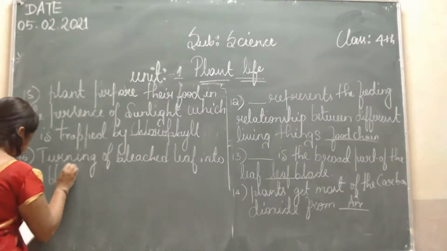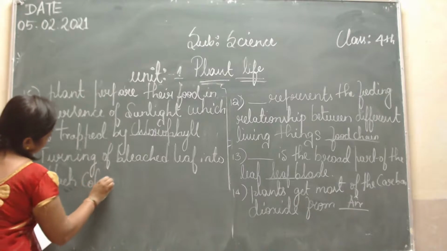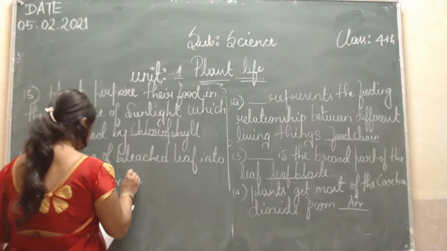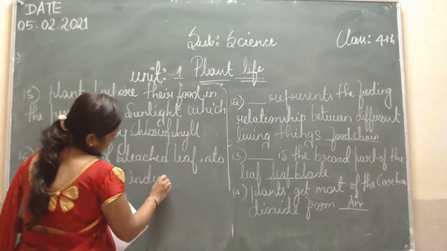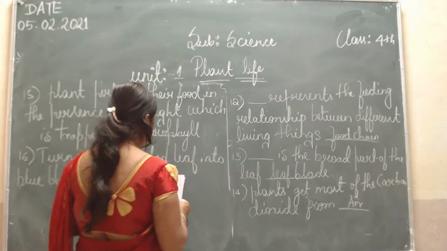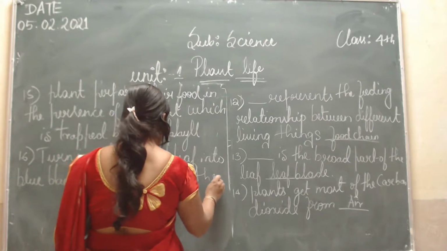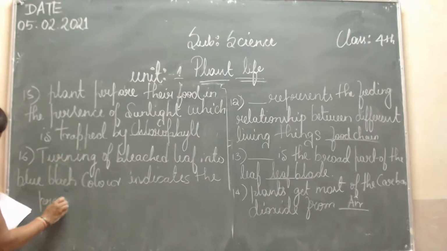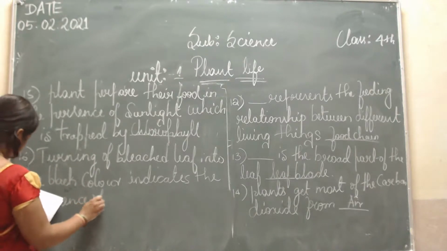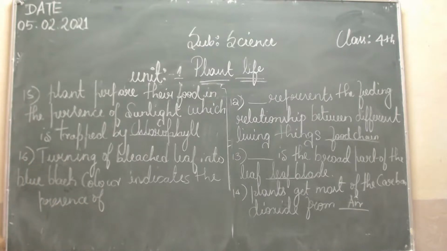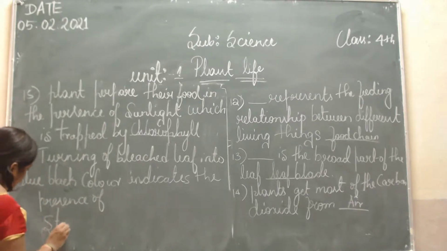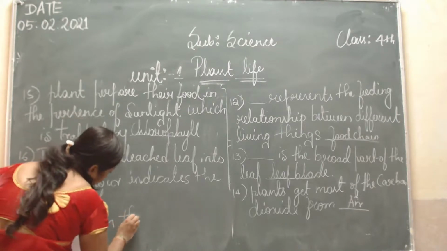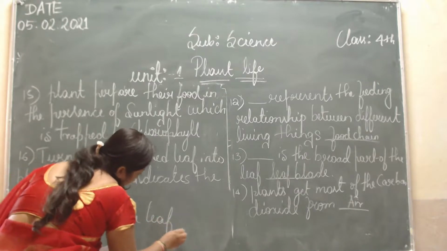Blue black color indicates the presence of, answer is, what is present in that? Starch. Starch in the leaf.